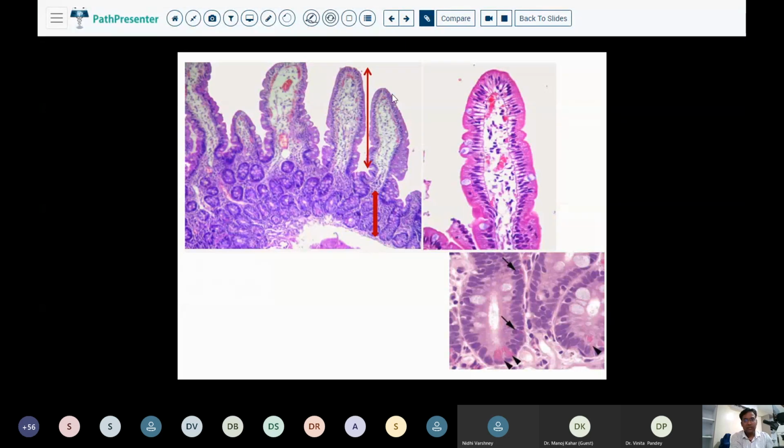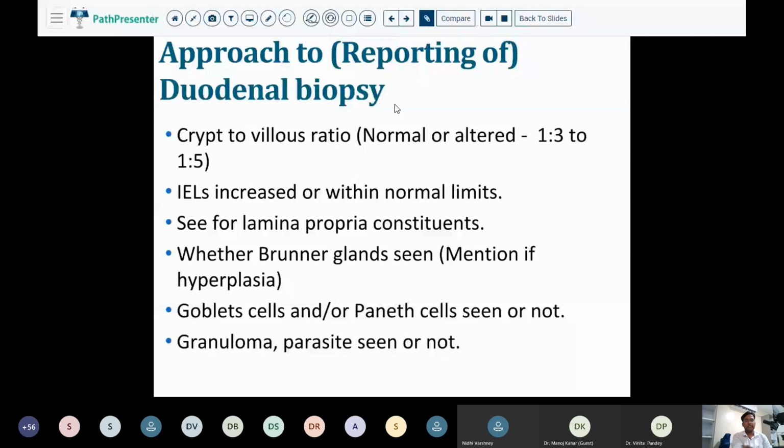While we approach a duodenum biopsy for reporting, which constituents should be seen? First is the crypt to villus ratio, expected to be 1:3 or 1:5 to say it is normal. You are also expected to see the tip of villi, the surface epithelium.